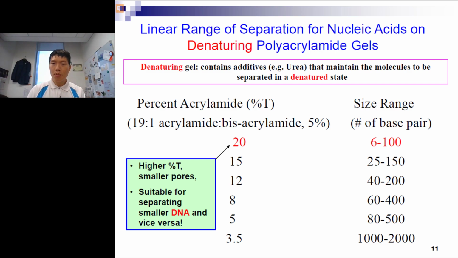The size differences will be based on the different base pairs of the ACGT. Similar to the case of proteins, the 5% bis cross-linker is commonly used, which means a higher percentage T would mean that the gel molecules are packed more tightly, and hence the pore size is smaller for separating smaller DNA molecules. And the lower percentage T means the gel molecules are less tightly packed, the pore sizes are larger, and the gel will be more suitable for separating larger DNA molecules.